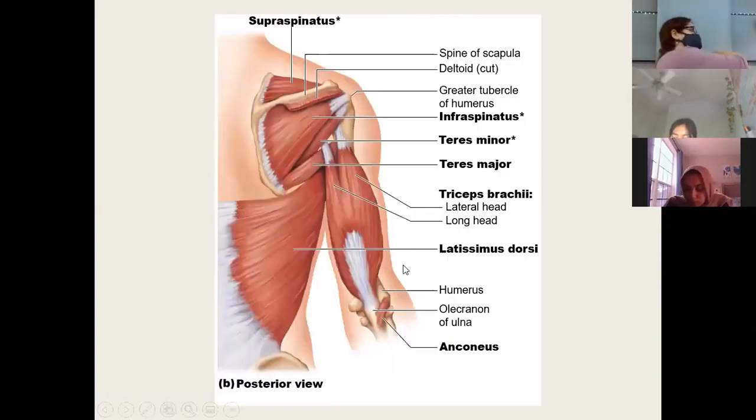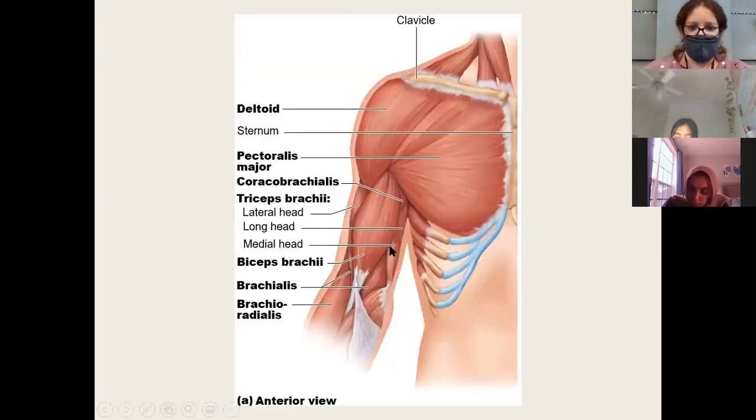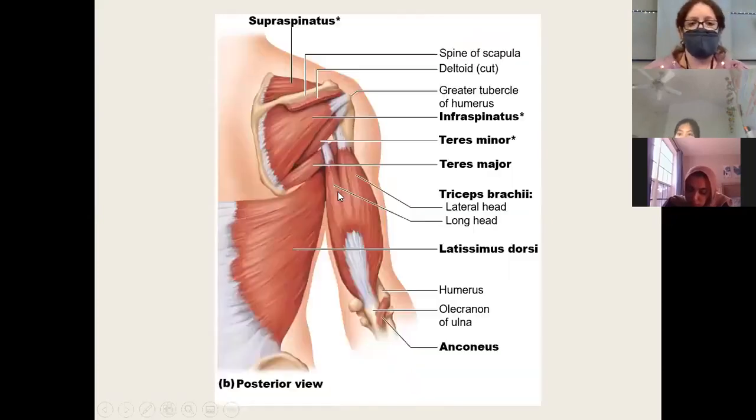Move to the back where the triceps is. You can see two of the heads, the origin points of the triceps here. The third one is more on the front. Well, let's go back. Front side. Where's the medial head? Yeah, so it's kind of behind the biceps right there. And there's that teres minor and major again.